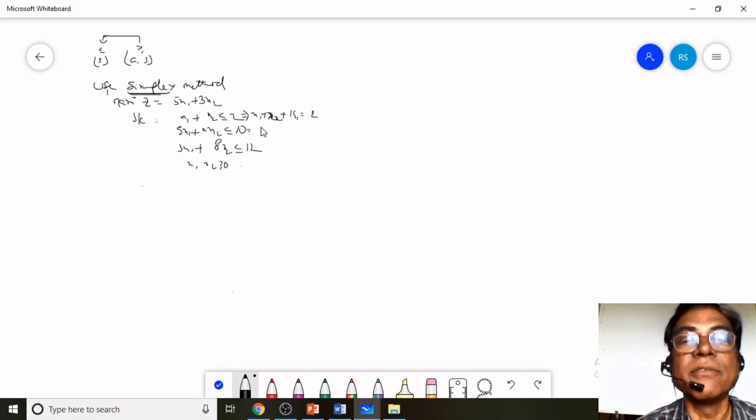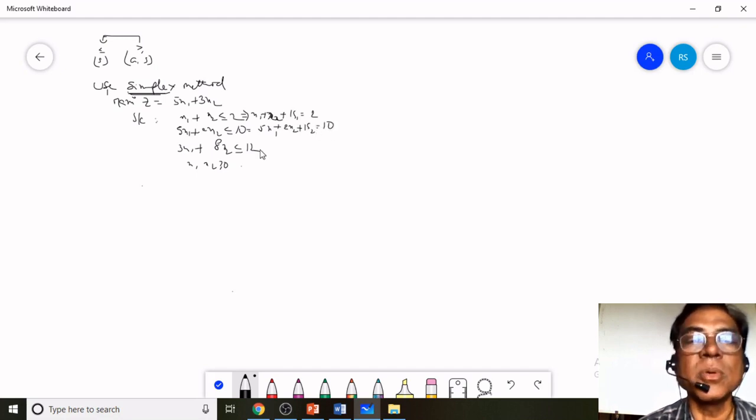Second equation: 5x1 plus 2x2 plus 1s2. Sometimes if you write 0 1 0, no problem. Third equation: 3x1 plus 8x2 plus 1s3 is equal to 12.